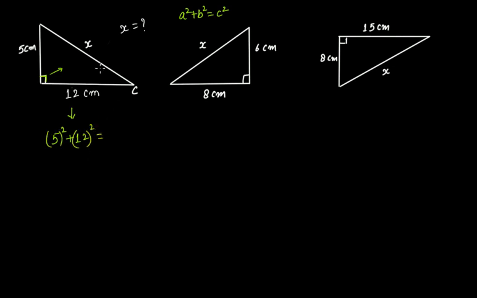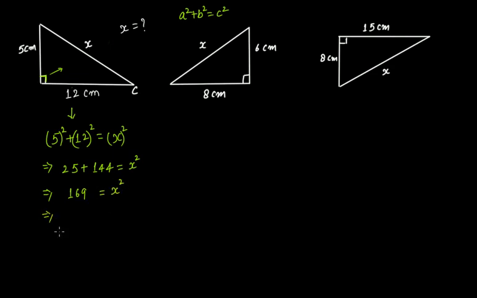is equal to x square, right? X will be at the place of c. So this 5 square is 25, this 12 square is 144, and this is x square. Now, if you solve this, this will be 169 is equal to x square.